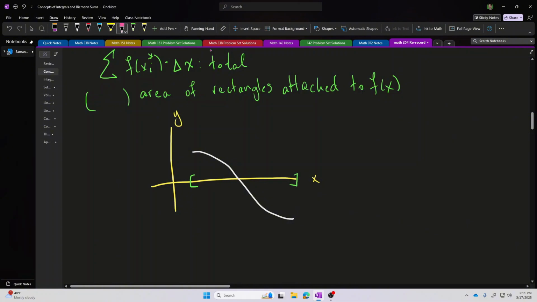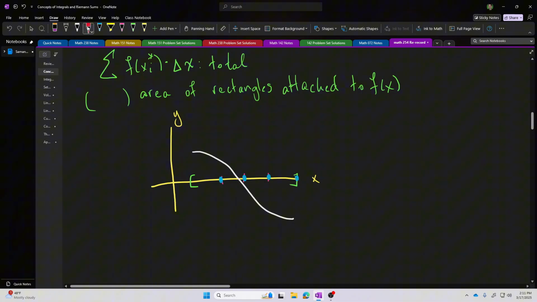And suppose that I split it up into 1, 2, 3, 4 subintervals. And let's suppose that I decided, just in this situation, to take my xi stars to be the right endpoints instead of the left endpoints.